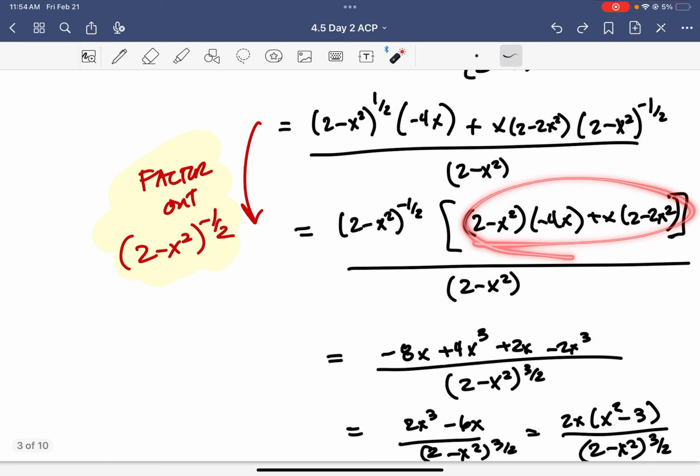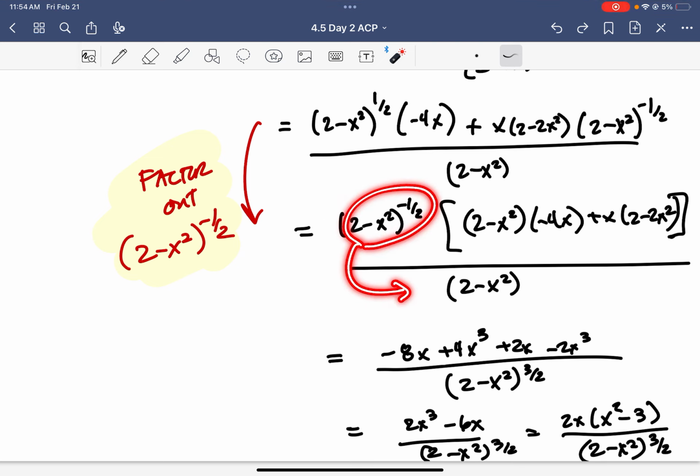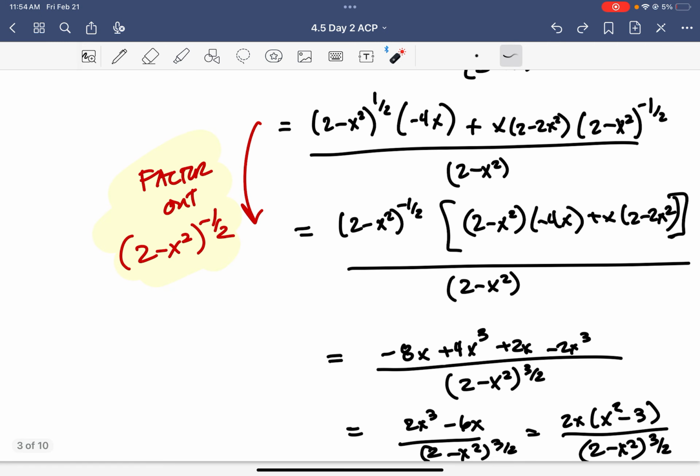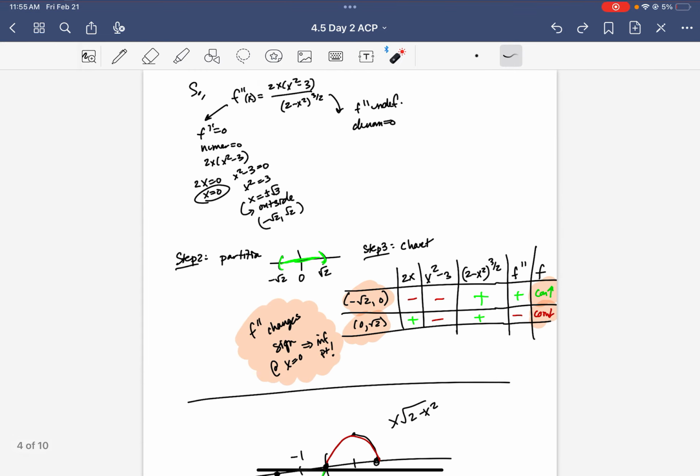So then when we simplify this, well, we notice that now if we take this negative 1/2 and move it to the bottom, as a positive, stuff to the positive 1/2 plus stuff to the positive 1 is where this stuff to the 3/2 comes from. But then all this simplifies to this, which then simplifies to this. And then on top we can factor out, and this is the form of our second derivative. So probably the hardest part was factoring out stuff to a negative exponent.